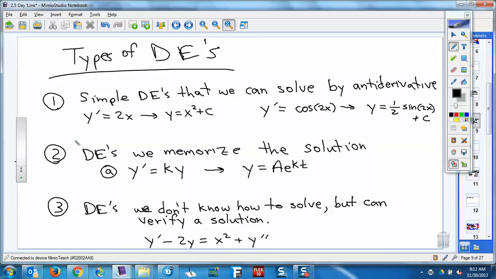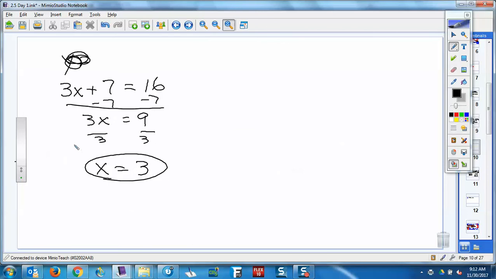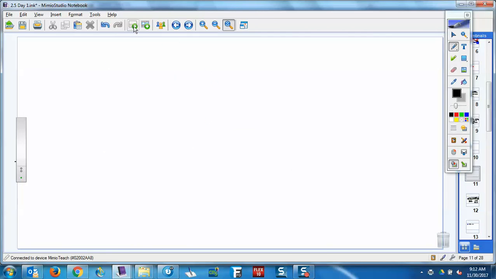Okay, so first of all, let's go back and compare this to your earlier math career. Because this is what you probably did back in 6th or 7th grade. Okay, 5th grade, I don't know. You wouldn't have had any idea. Now, you knew about multiplication, and you knew about addition and subtraction and all that.